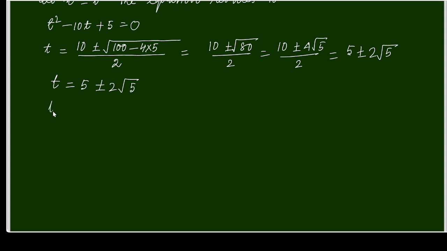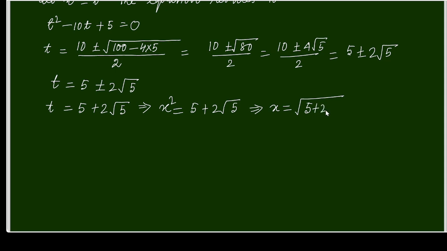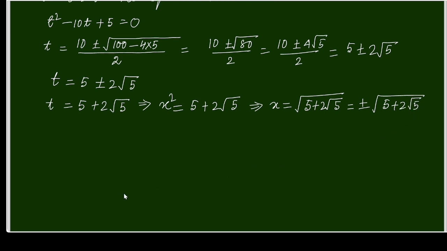Now when t equals 5 plus 2 root 5, that means x square equals 5 plus 2 root 5. So what about x? X is equal to the square root of 5 plus 2 root 5. That means again there are two possibilities: plus square root of 5 plus 2 root 5 and minus square root of 5 plus 2 root 5.